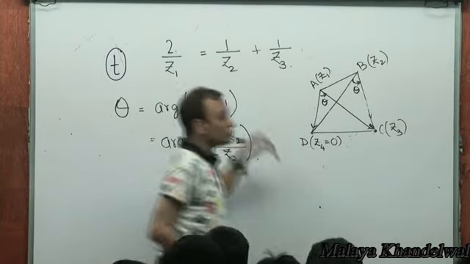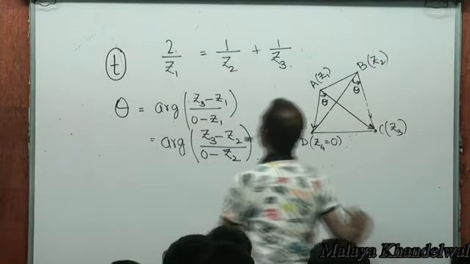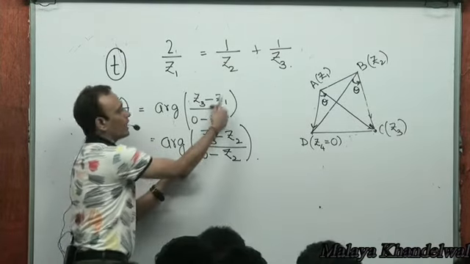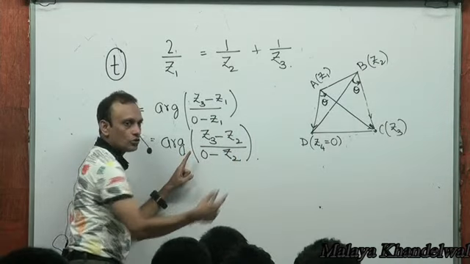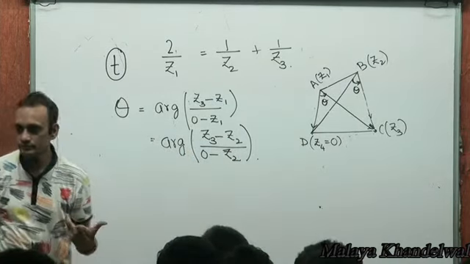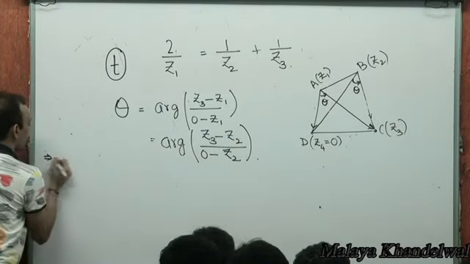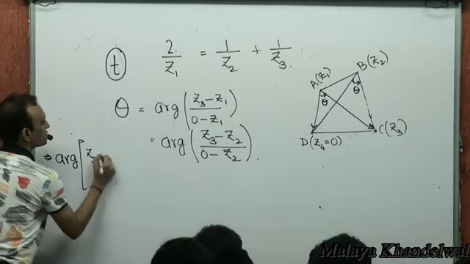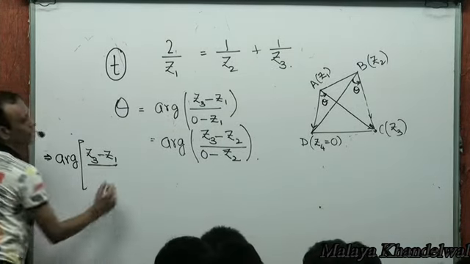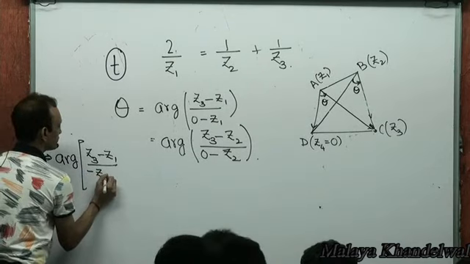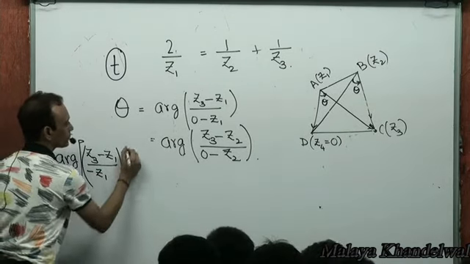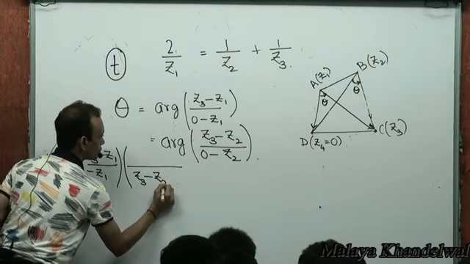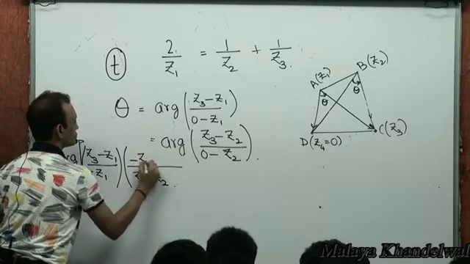So for this to hold good, argument A is argument B. So argument A minus argument B is 0. So argument of A divided by B must be 0. So A by B must be real. Right? So this must be argument of (Z3 minus Z1) divided by (minus Z1), times (Z3 minus Z2) divided by (minus Z2).